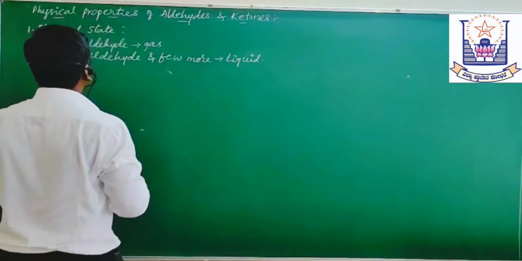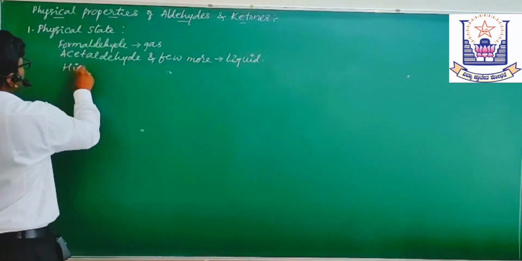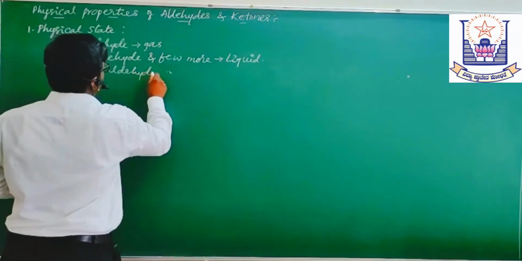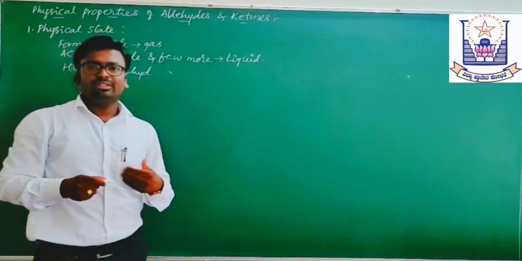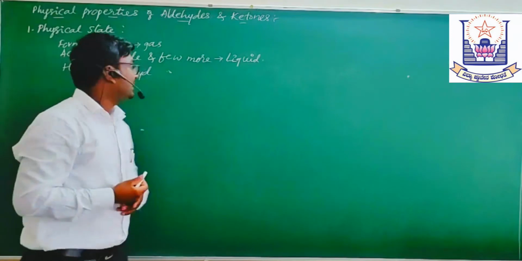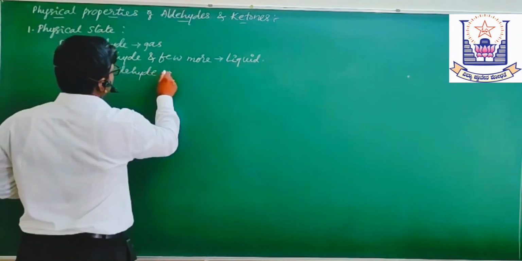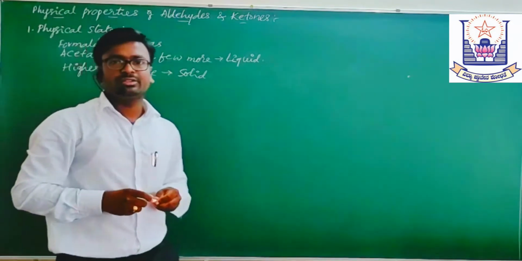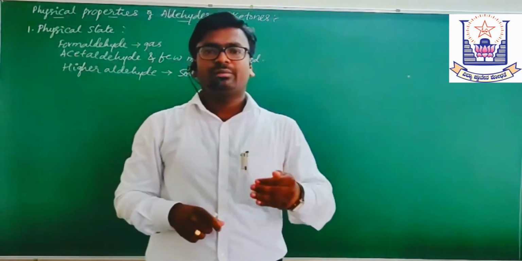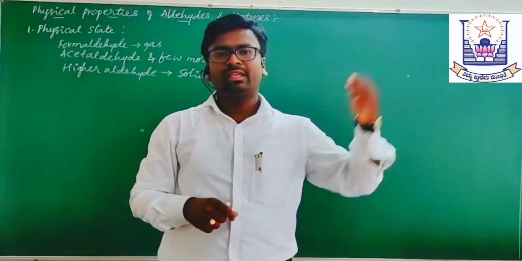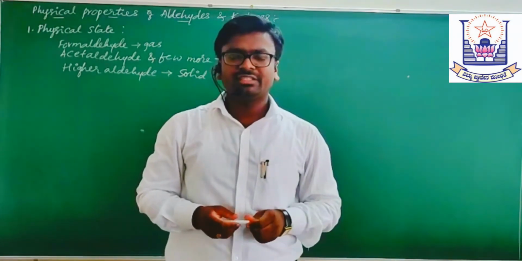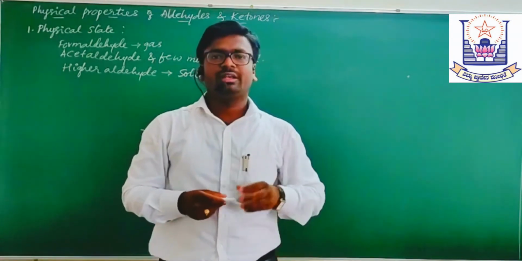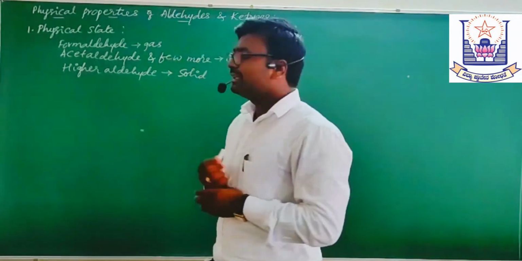Further higher aldehydes, for example the aldehyde with 10 carbon atoms, decanal, is a solid at room temperature. So when you move from formaldehyde to higher members, there is a change in physical state from gaseous to liquid to solid. This is about the aldehydes.